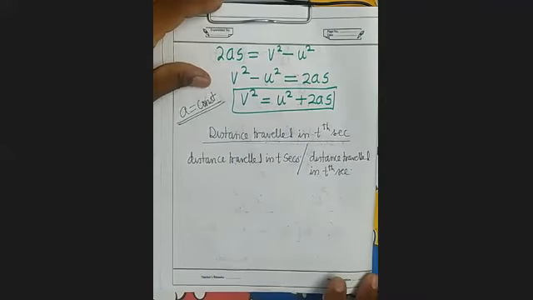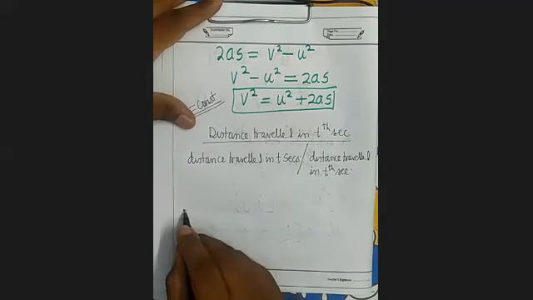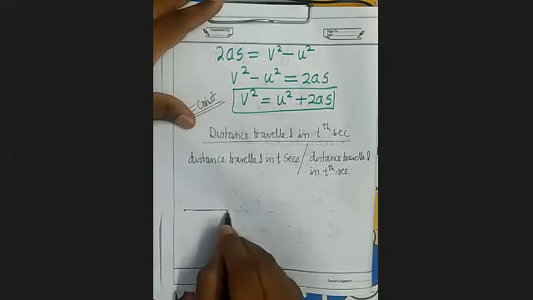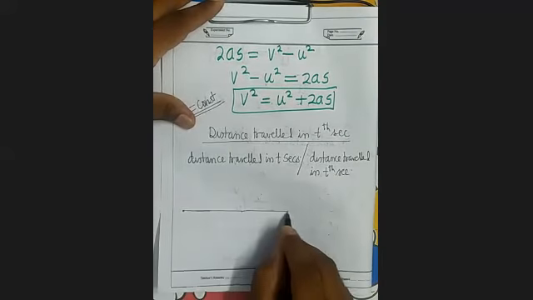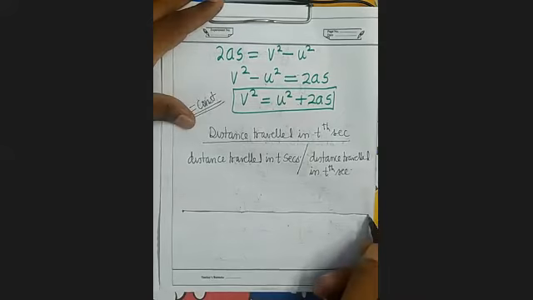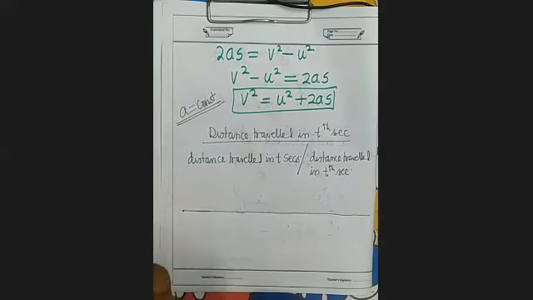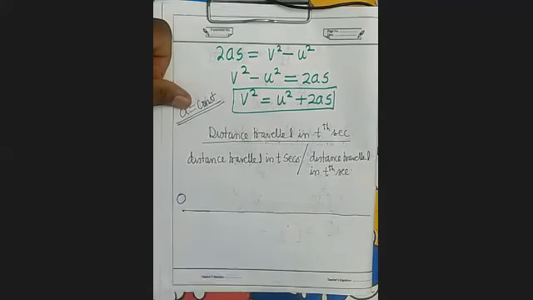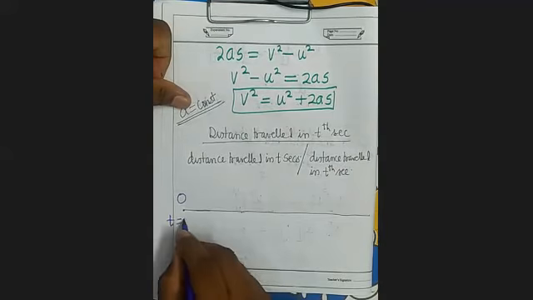It's clear. Now suppose a body has started moving from the point O along this straight line. It started moving from this point O at time t equals 0, it is here.